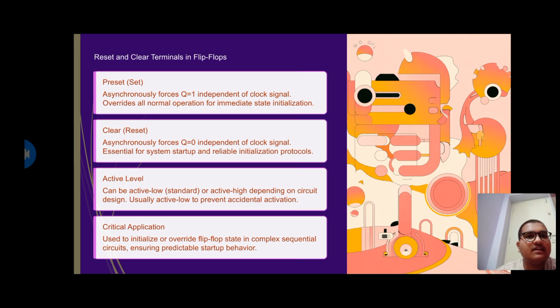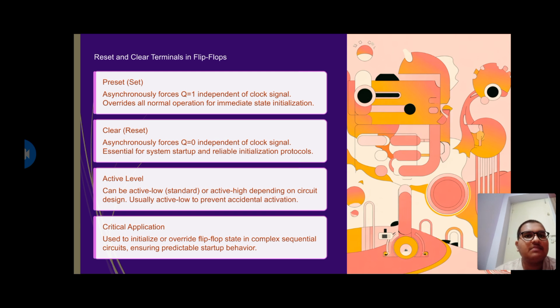Here, the clear state is used to reset and restart the process irrespective of the signals. We use it to reset the protocol and initialize the system.